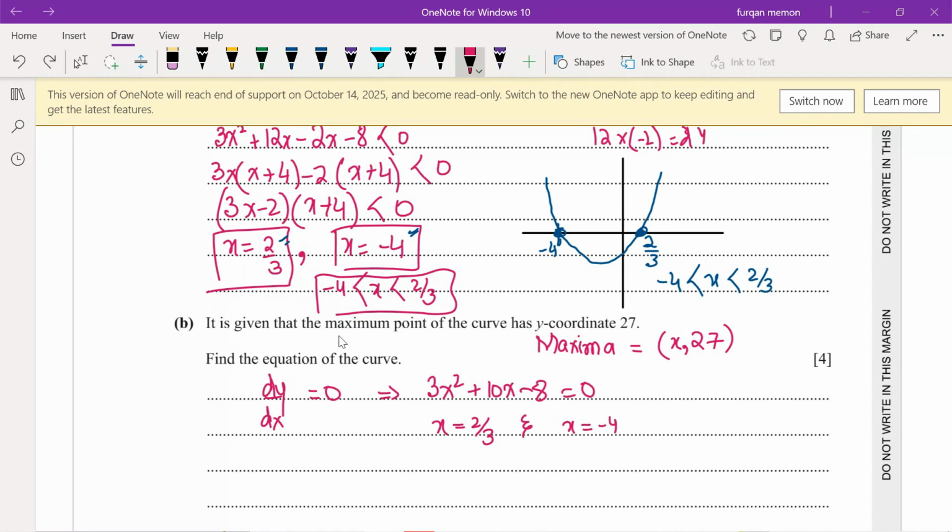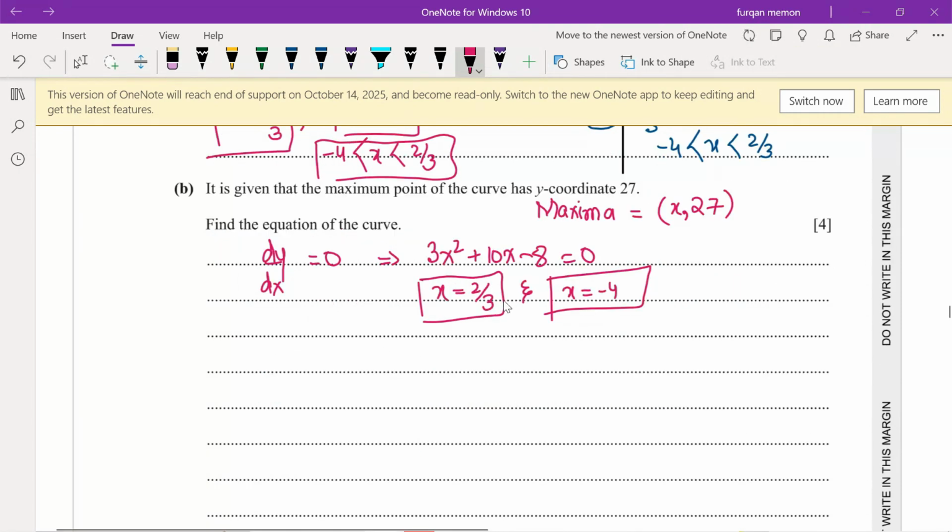So we can say that this curve has two stationary points, one at x equal to 2 by 3 and the other at x equal to negative 4. Now we need to find which of them is the maximum.